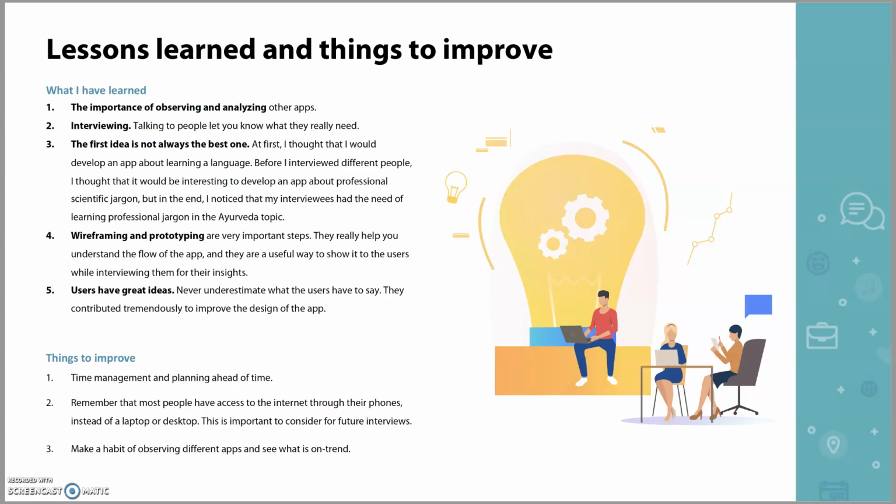But then, while I was interviewing different people, I saw that there were many different needs until I decided to pick a theme. And in the end, I decided to go with a path of learning professional jargon in the Ayurvedic topic.